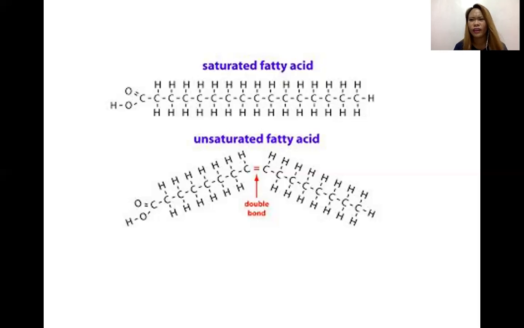There are vitamins or supplements that people take so they can have more sources of omega-3 fish oils in their body, because not a lot of people eat fish a lot. So unsaturated fatty acids are by far healthier compared to your saturated fatty acids.